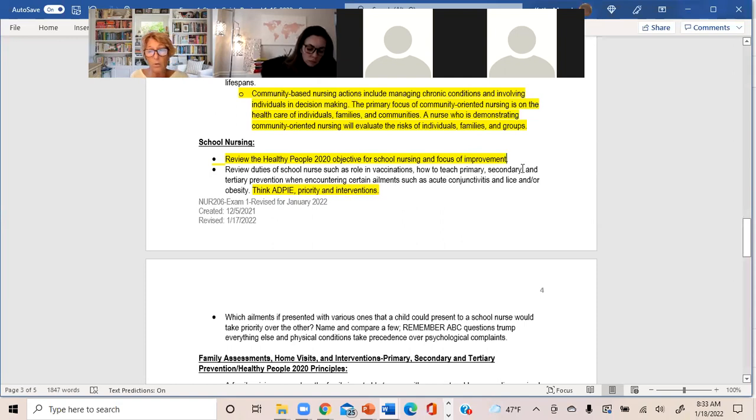Early intervention, early identification, that's secondary screening. And then tertiary, maybe you have a group of kids that are already obese. Okay, what are we going to do to help them manage or lose weight or whatever? Okay.